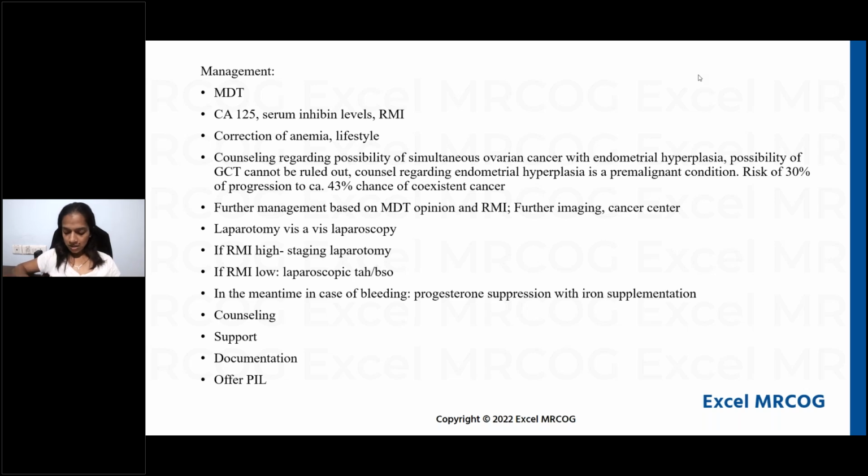Now, in a 52-year-old, why would the lady want to conserve her uterus? Fertility is extremely unlikely for her. It's quite unusual that a 52-year-old would like to preserve her uterus for fertility purposes. So what you need to emphasize is that there is a possibility of this turning into cancer.